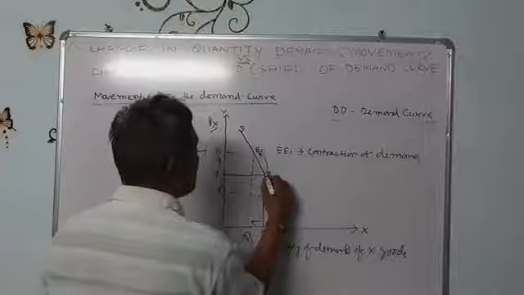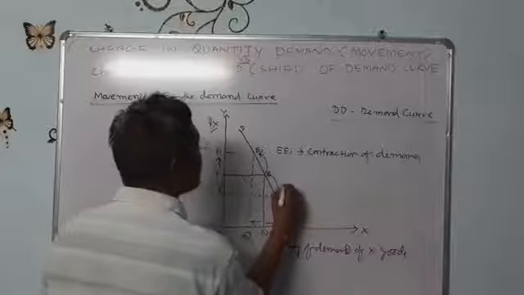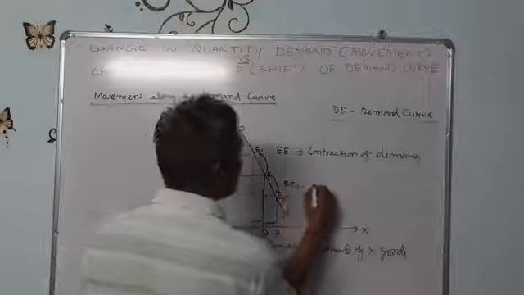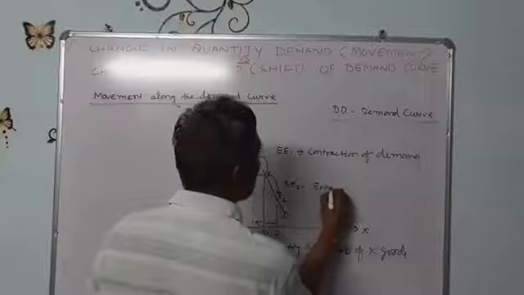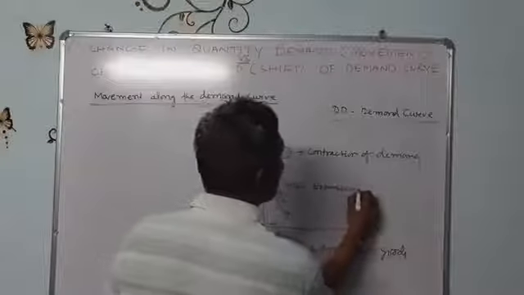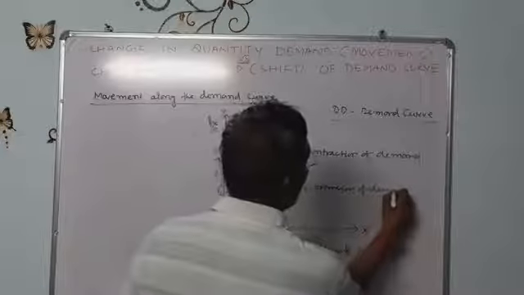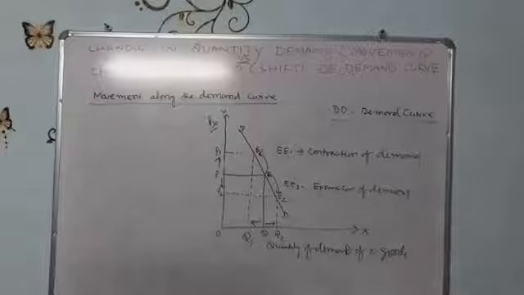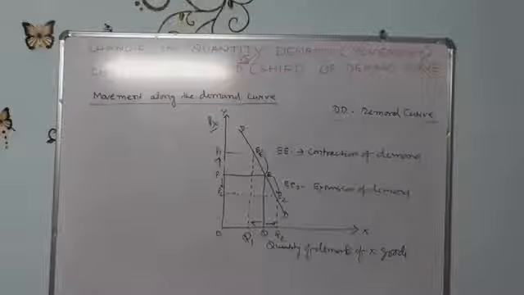That movement from E to E2, downwards, is known as expansion of demand. So what do we mean by movement along the demand curve?